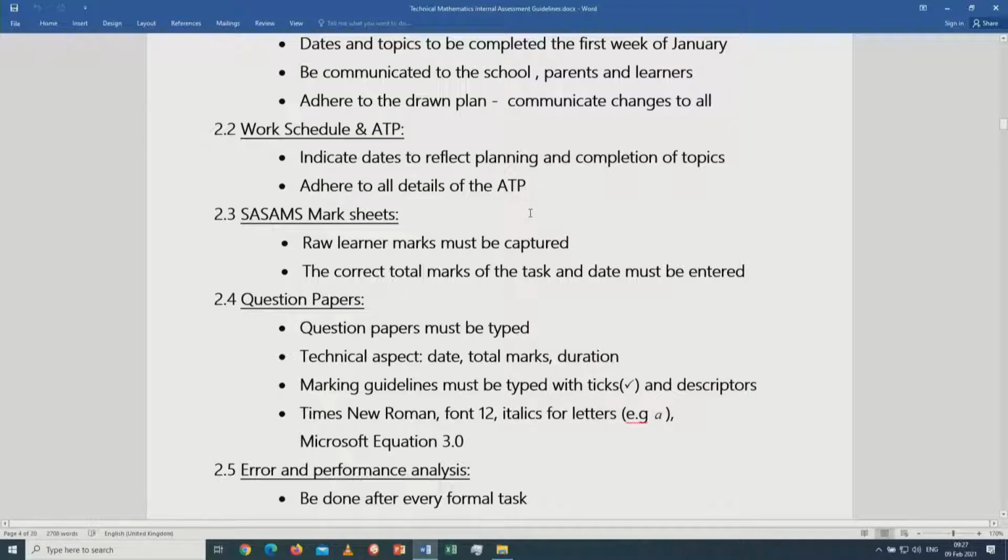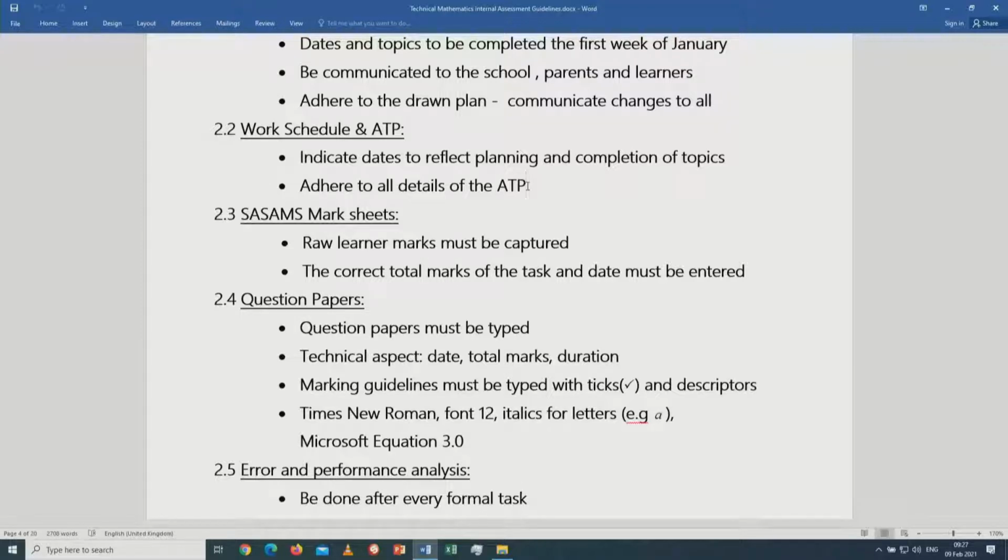And remember, I said our ATP, the work schedule, do not supersede the policy document. Every time you look at a topic in your ATP, you need to go to your policy document to check what is it that you must do under that topic. Again, you look at the first principle, grade 12.